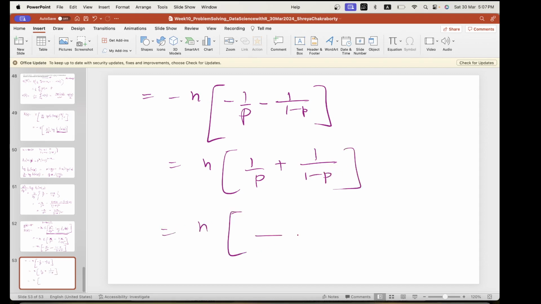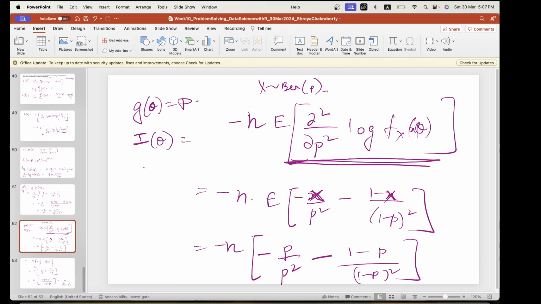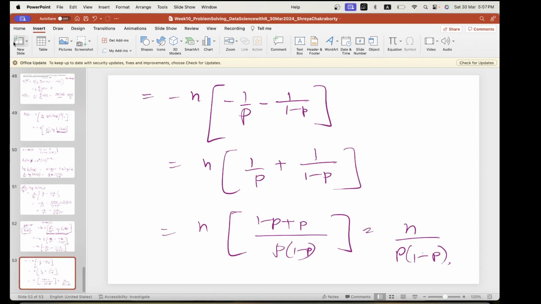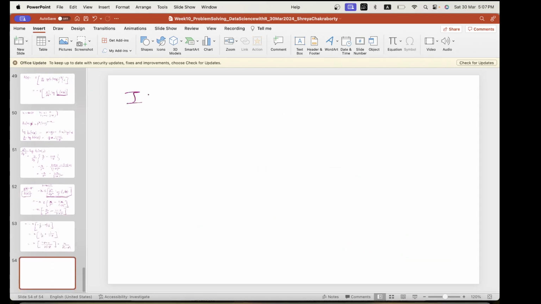So this will be n into (1 minus p plus p) by p into (1 minus p). So this is actually n by p into 1 minus p. Okay. So this is my I theta. Alright. So I got my I theta as n by p into 1 minus p.